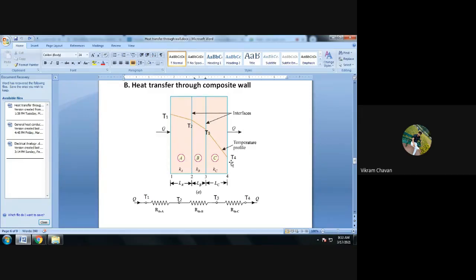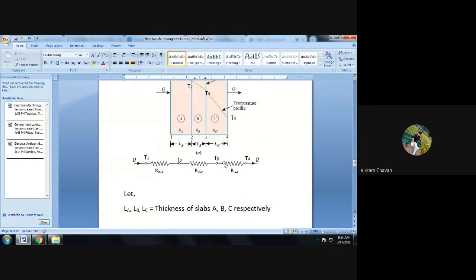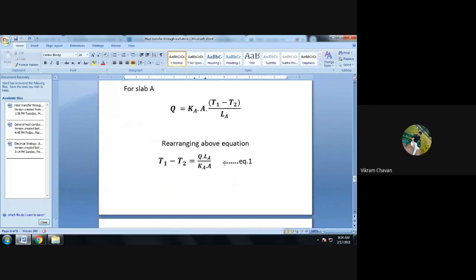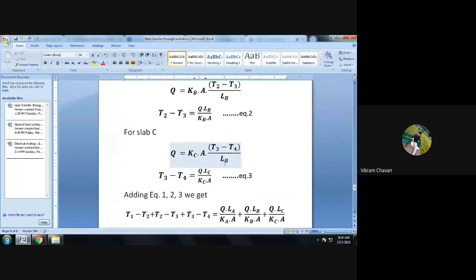So by considering this given diagram data, we have to apply Fourier's law to slab C.